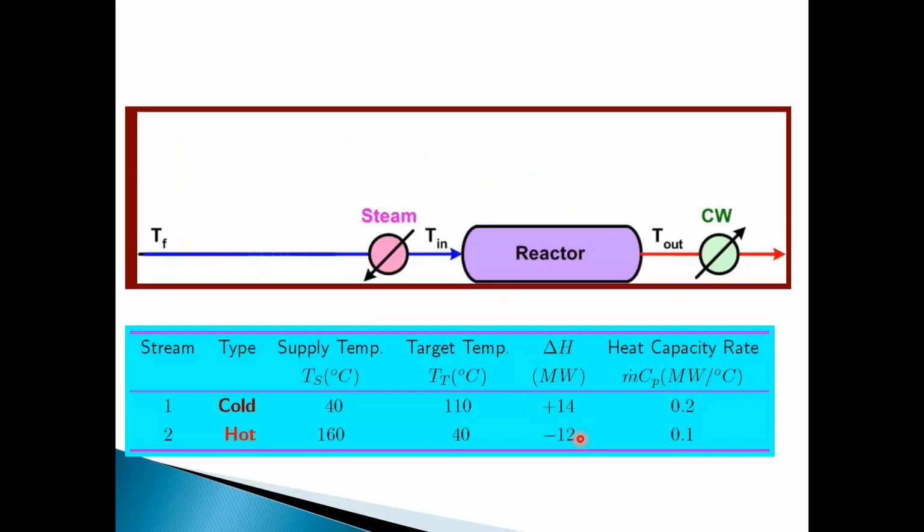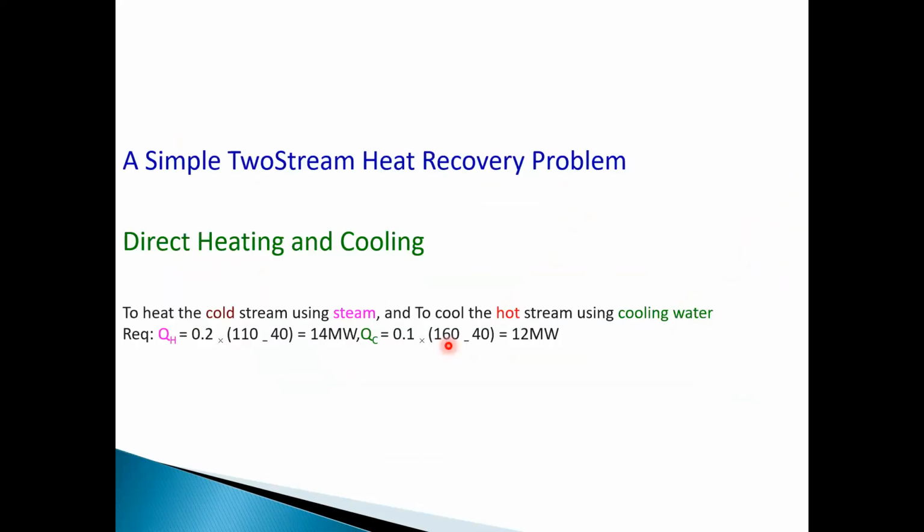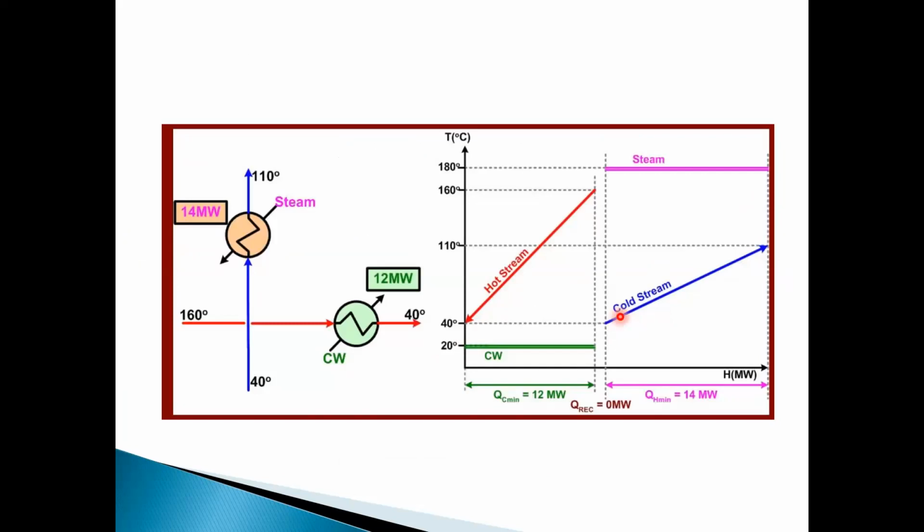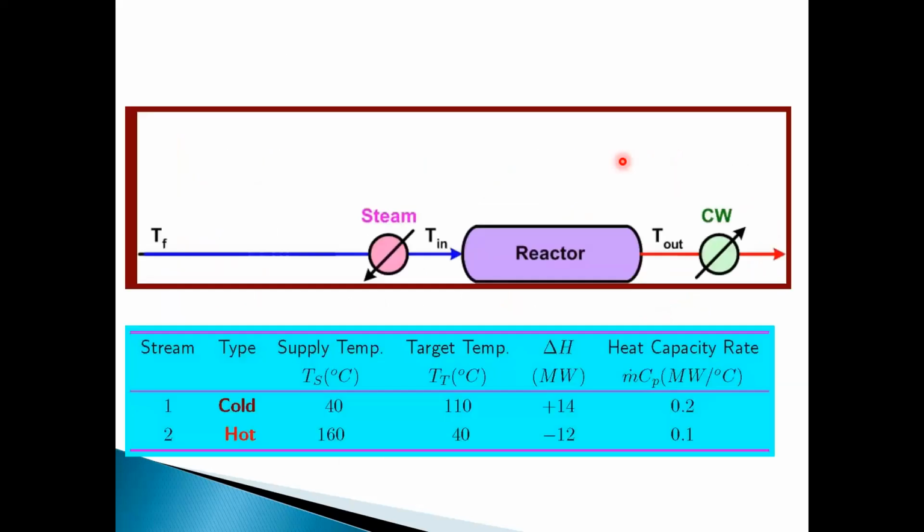All the duty comes from the cooling water. And the cold stream is heated from 40 to 110 with a duty of 14 megawatts. All the heating requirement comes from steam, from the utilities.